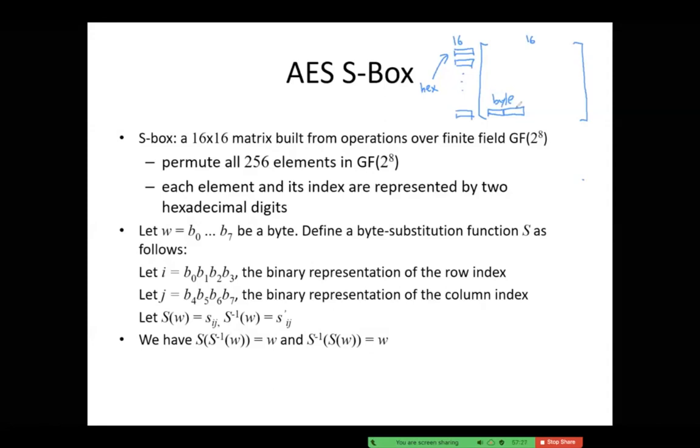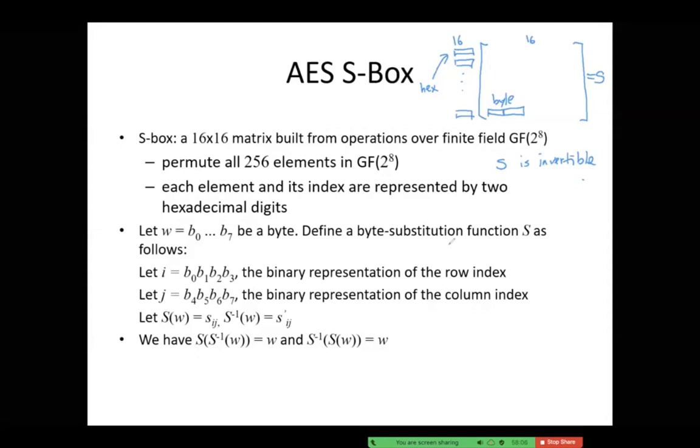So this matrix, let's call it S. S is invertible. It has an inverse. So what is this byte substitution function? We let W be B0 to B7, a byte. So we define the byte substitution function as follows.